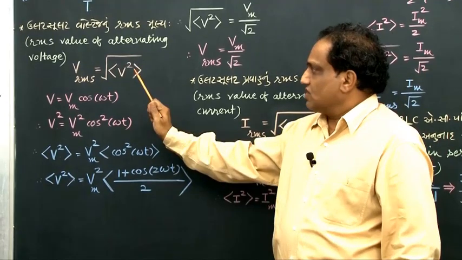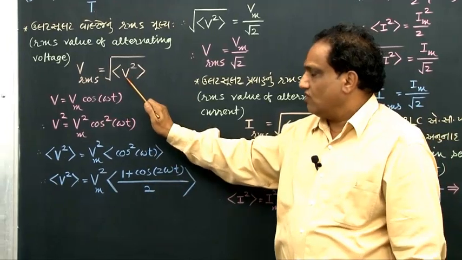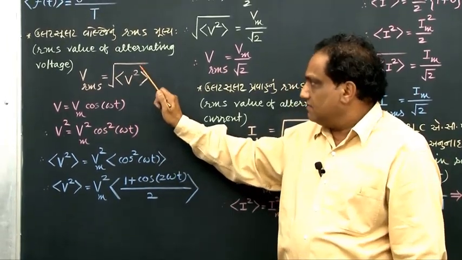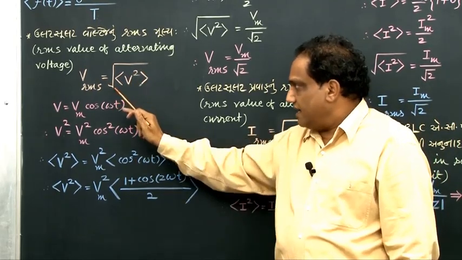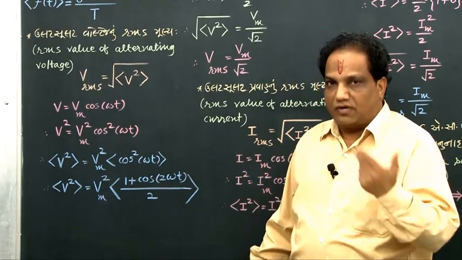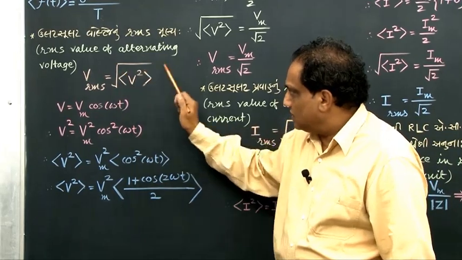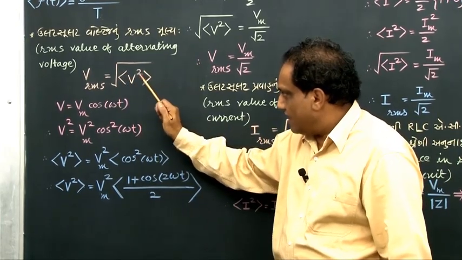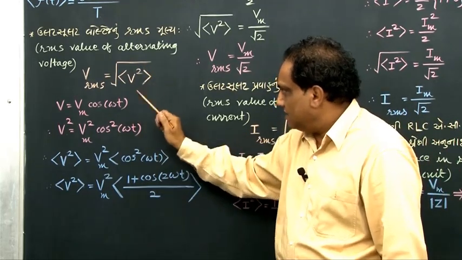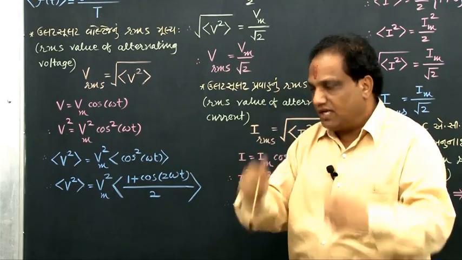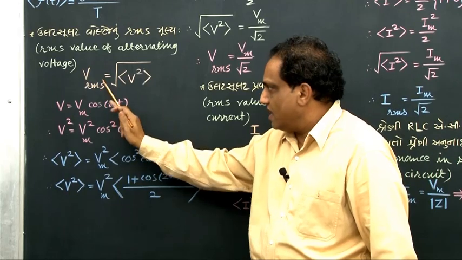Look, first of all, in one periodic time interval, you find the instantaneous values of voltages, then square them, then find their average, and then take the square root. Now tell me, which mathematical process have you undergone here? Root mean square voltage. I repeat, root mean square voltage. That's why it is shown by the symbol VRMS.